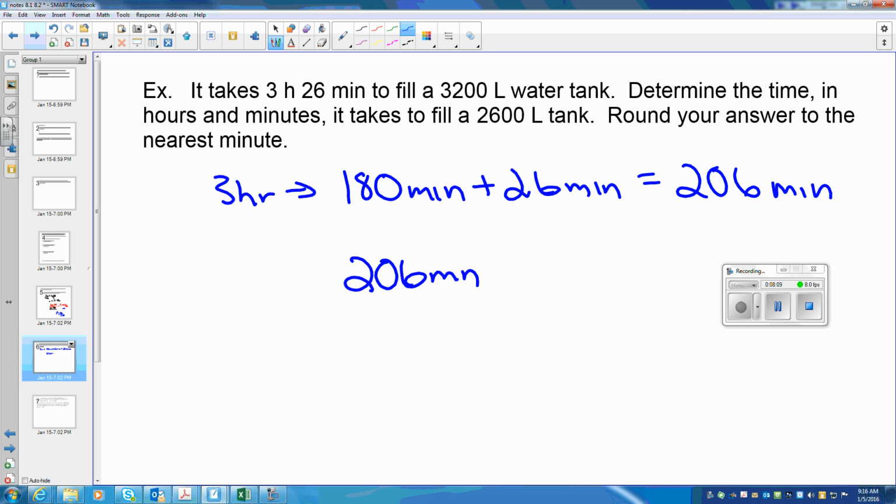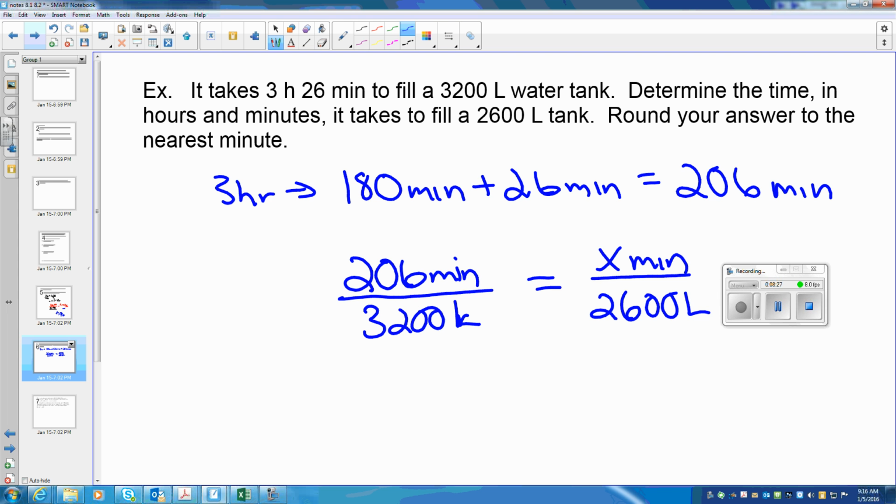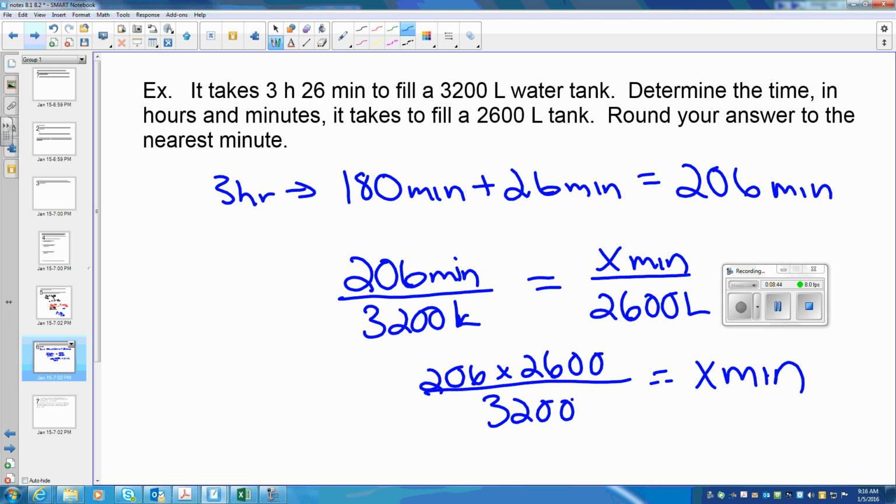206 minutes over 3,200 liters is equal to X minutes over 2,600 liters. Okay? So then we do our cross multiplication and the division. So we actually get 206 times 2,600 divided by 3,200 will give us our X amount of minutes, right? 167 point.